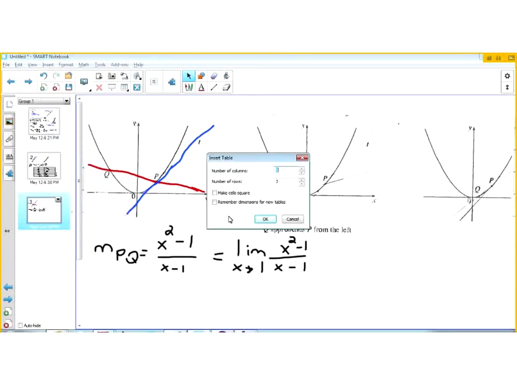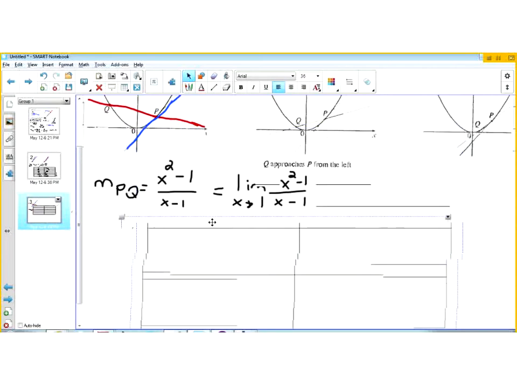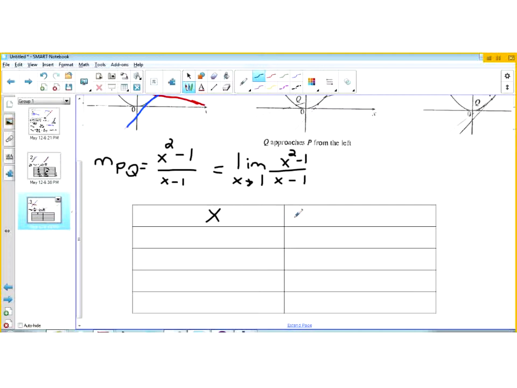Insert table. All right, and then let's take our table and let's drag it down here, and let's fill in the table now. So we'll have x. Now remember, x is less than 1. Okay, and then we'll have MPQ, the slope of the secant line.